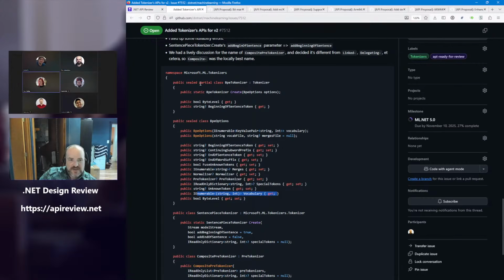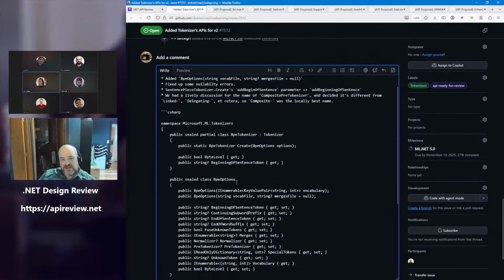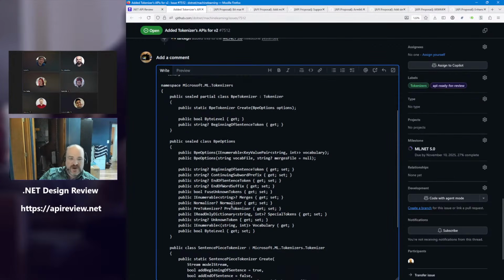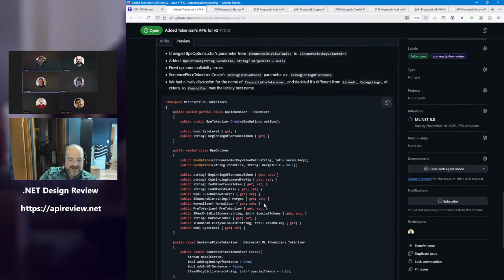Which differs from the exact same thing there. Sorry. Yes, on BPE tokenizer, when you've already built one, it has a vocabulary, which is itself just a dictionary. So the most consistent one here would be that. Okay, yeah. That's just what confused me, because I heard you say one thing, and then I was reading the code and it said something slightly different. I was matching the other property.